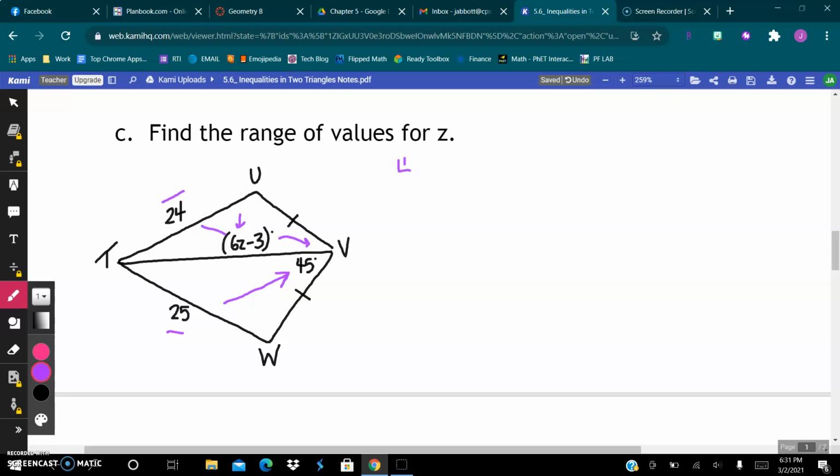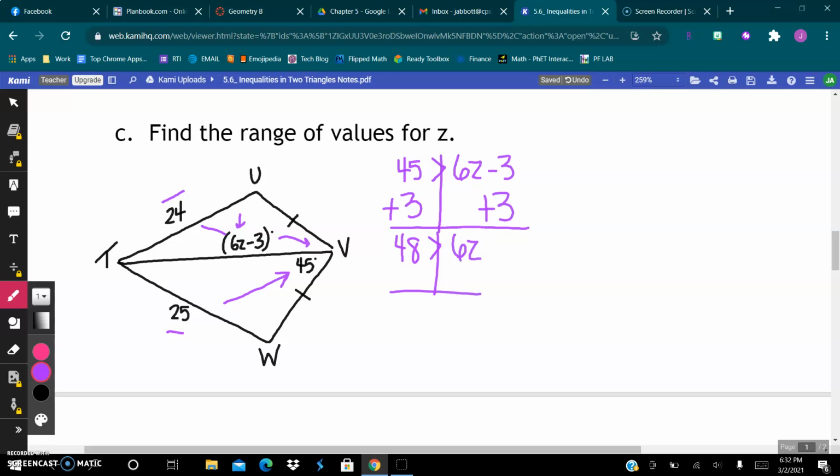So we know that 45 is greater than 6z minus 3. So we can solve for z. We add 3 to both sides, so that's 48 is greater than 6z, and then we divide by 6. So we get 8 is greater than z, flip that around: z is less than 8.